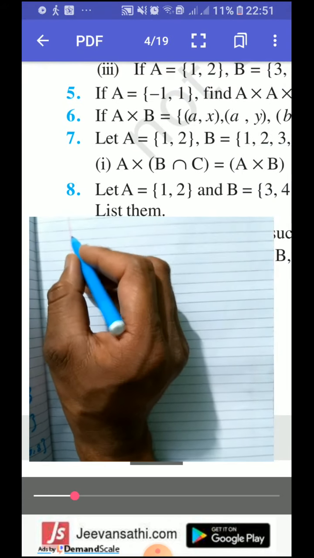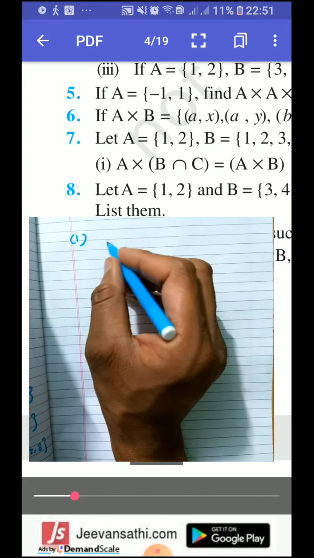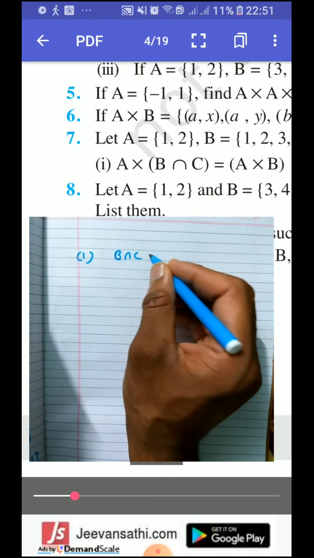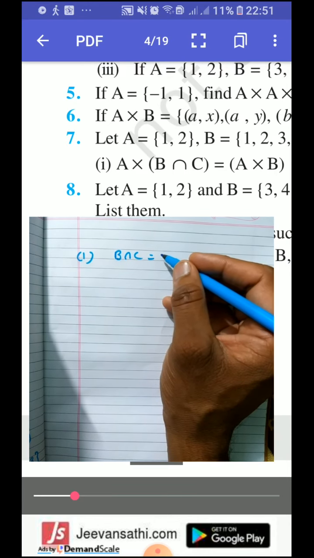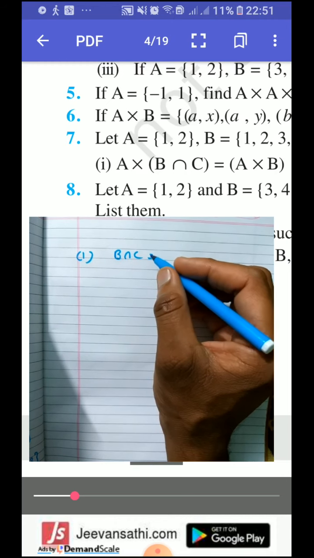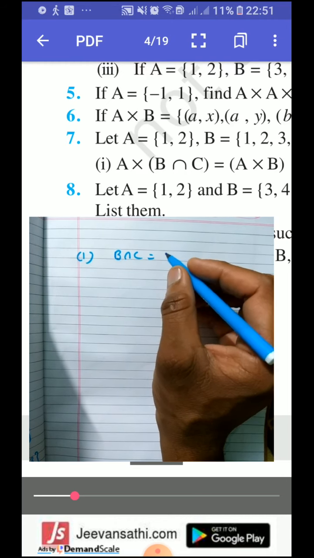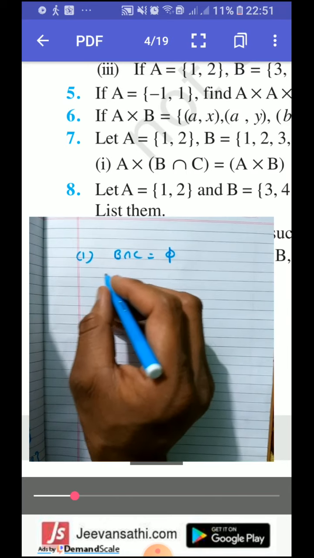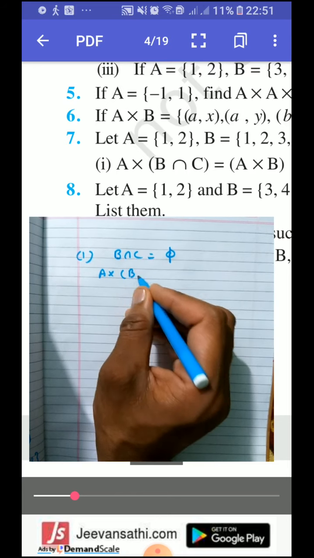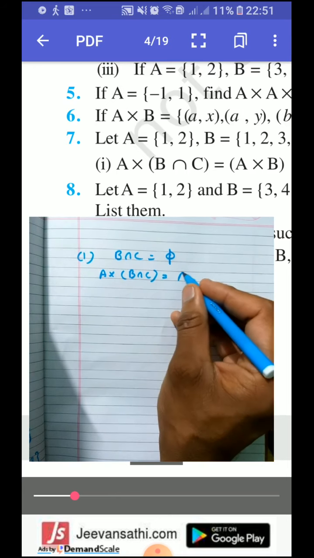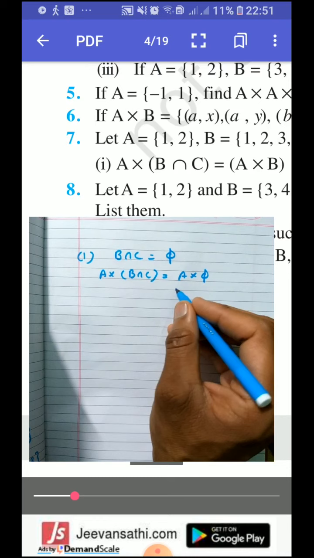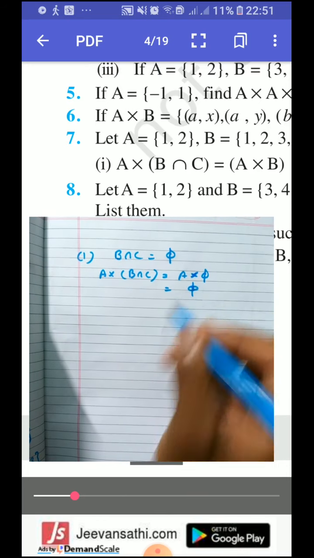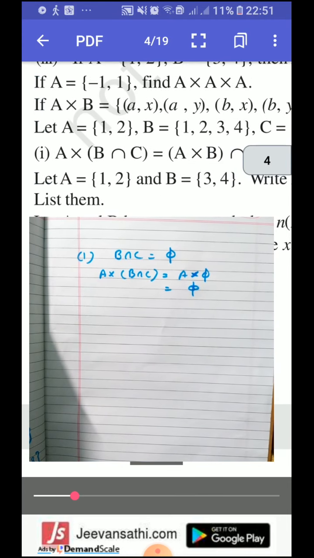For the first part, let us see B intersection C, which means the common part of B and C. Nothing is common in B and C, so it is the empty set. Now A Cartesian the empty set will be the empty set.